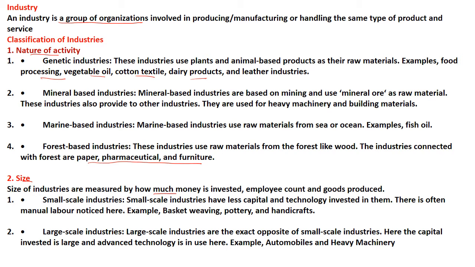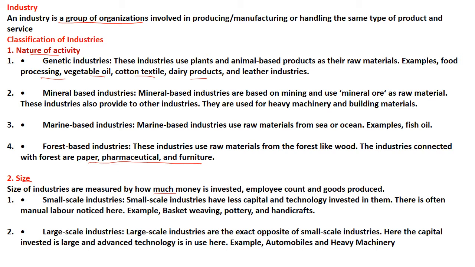So on the basis of nature of activity, we have genetic industries, mineral based industries, marine based industries, and forest based industries. Now on the basis of size, we can classify the industries into small scale and large scale industries. How much money is invested, how much employment they are offering, and the amount of products coming from these sectors, on that basis we classify the industries into small scale and large scale industries.